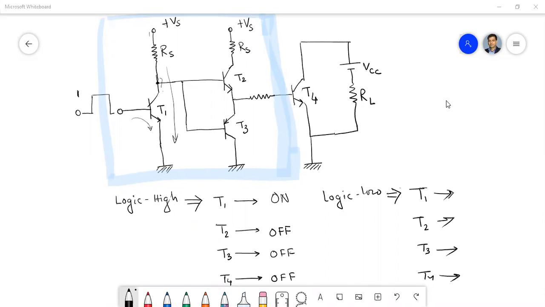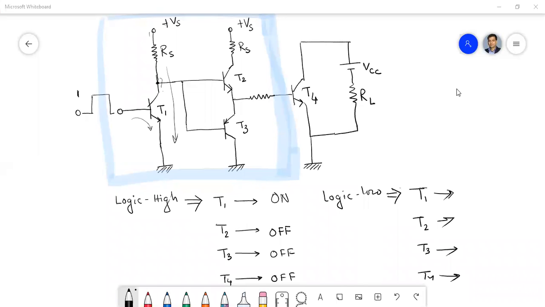Sandeep De, can you answer this? T1 is off.